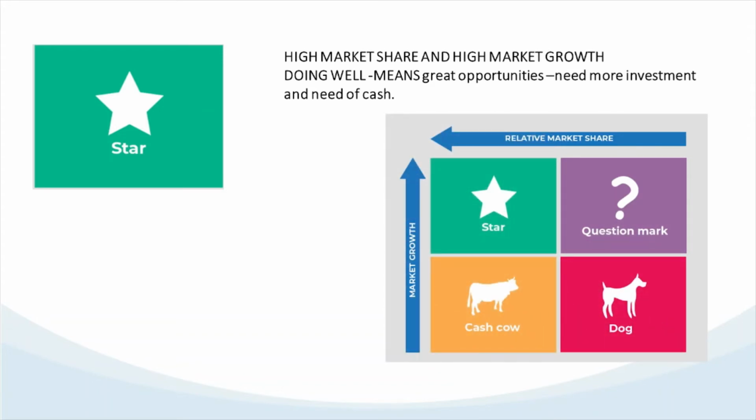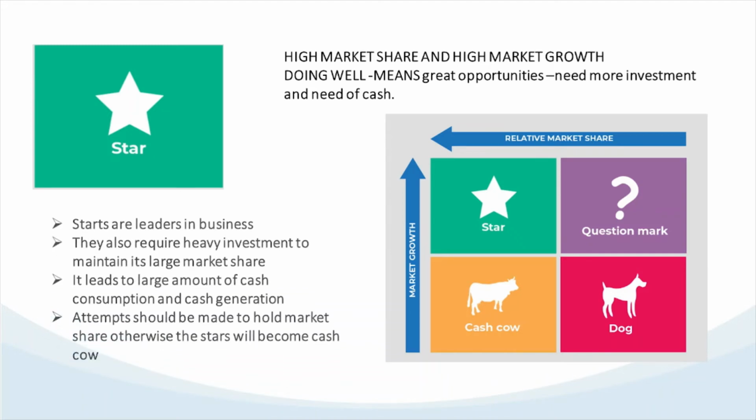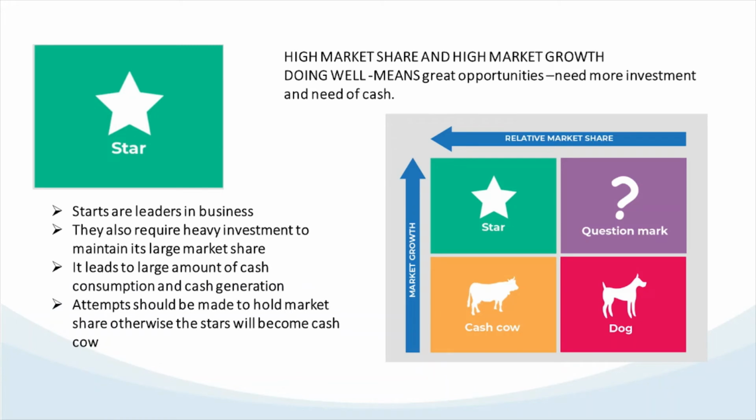It means that this is the most desirable and one of the best quadrants out of these four, where the management will desire to have their business. They also need more investments and cash; since they are growing well, they're generating more cash. At the same time, they need more cash to generate that cash inflow. So these are generally the leaders in the business.